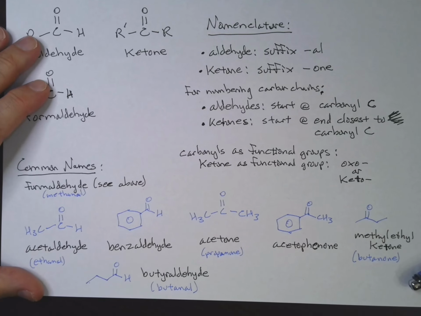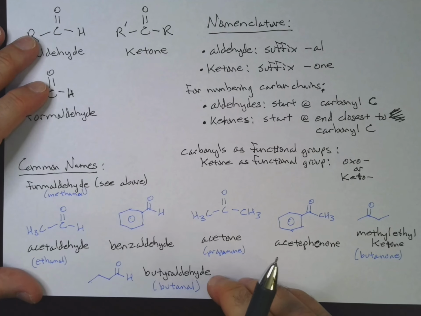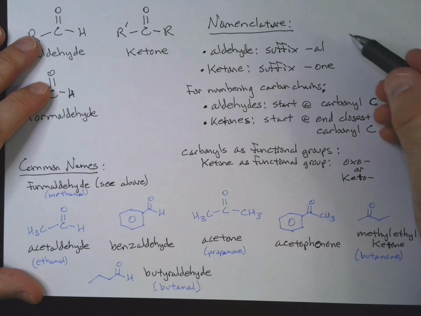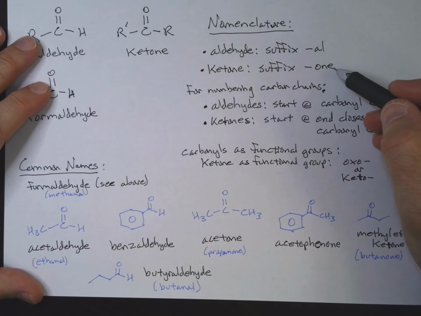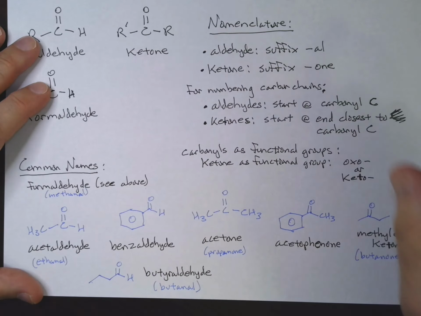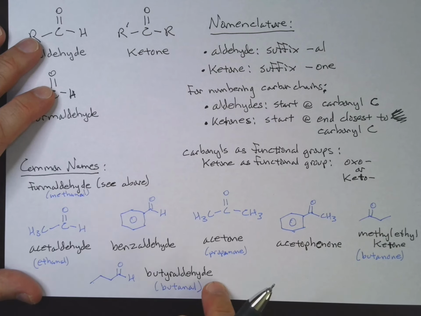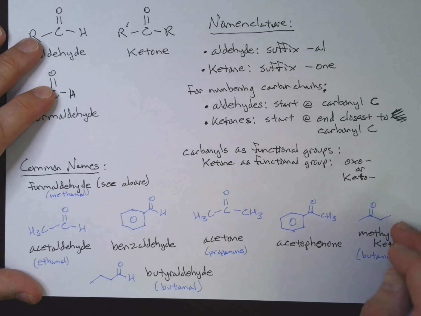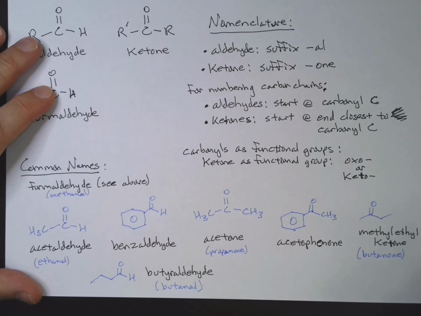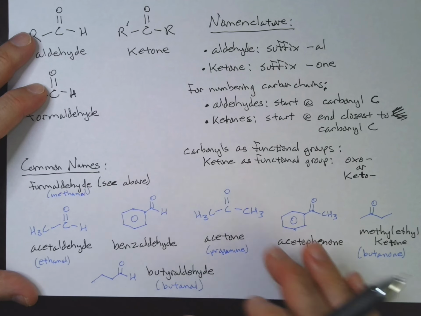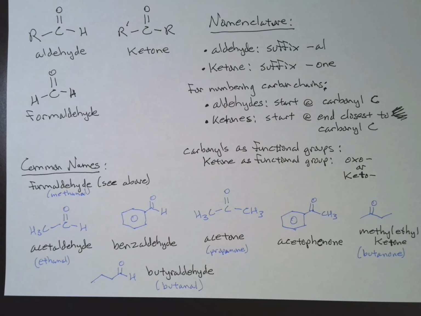So just to give you an idea of some common names and some of the older nomenclature. Nowadays we just use the suffix -al for aldehydes and -one for ketones, and we name the whole carbon chain. In the olden days we would name the carbon chain but stick aldehyde on the end, or if it was a ketone, name the two chains on either side of the carbonyl carbon. The common names that you should know are formaldehyde, acetaldehyde, benzaldehyde, acetone, acetophenone, benzophenone.